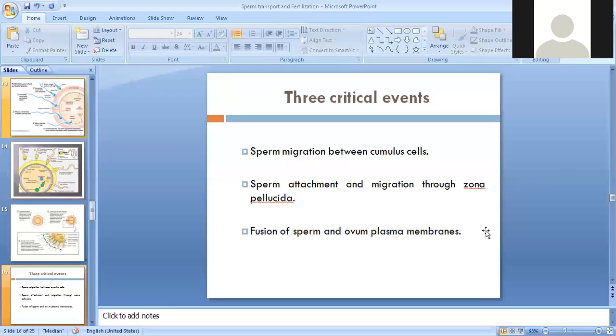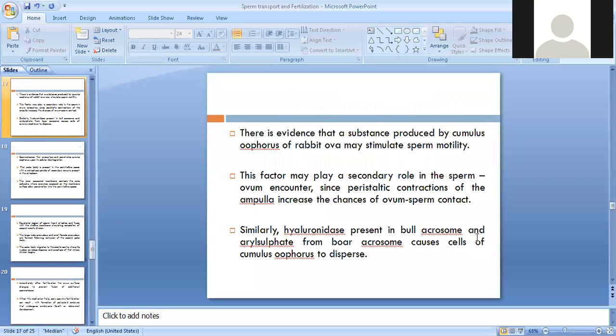So during this fertilization process, there are three critical events. One is sperm migration between the cumulus cells. Another is sperm attachment and migration through zona pellucida. And the third one is fusion of sperm and ovum plasma membranes, which leads to entry of the male pronuclei into the ovum, and then fusion of sperm and ovum pronuclei.